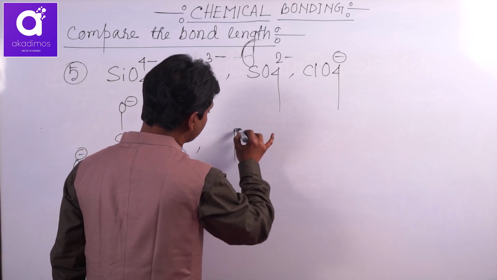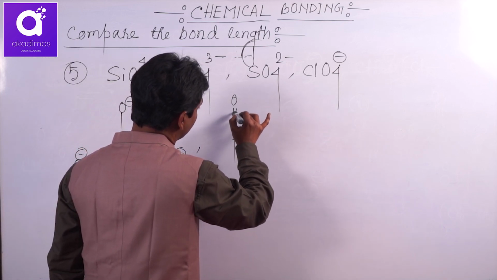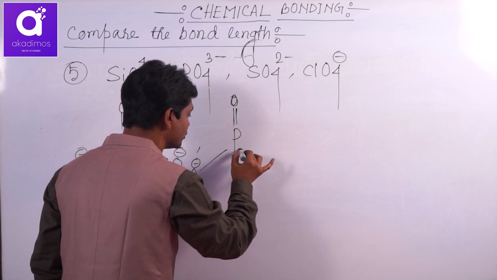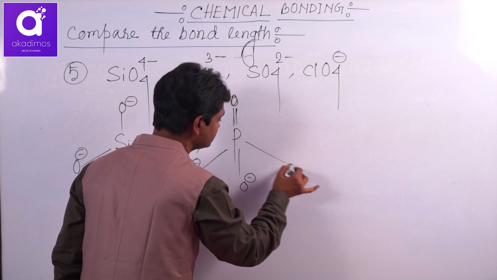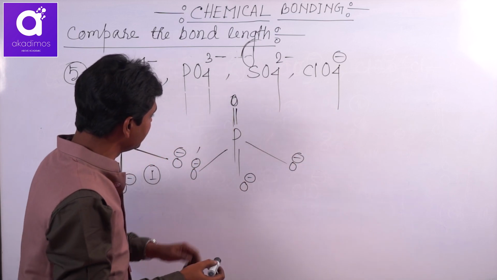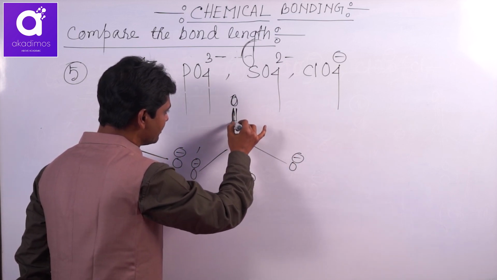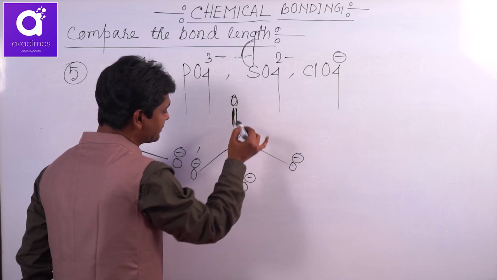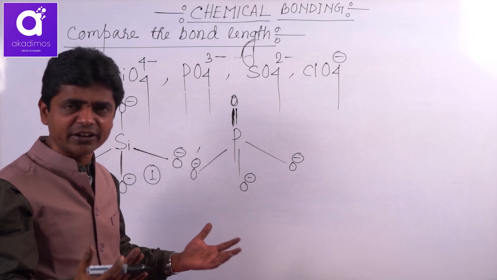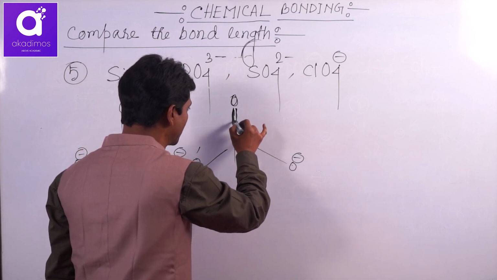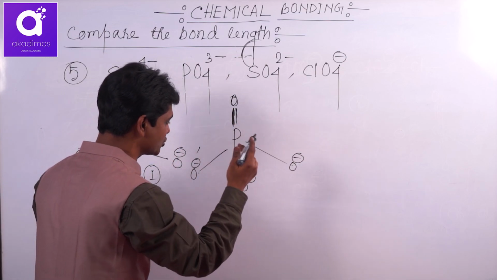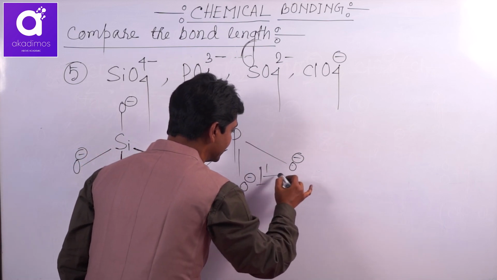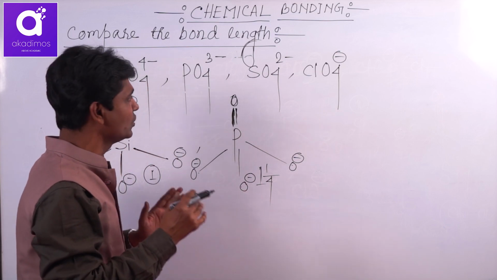Now draw the structure of phosphate: 1 double bond O and the other 3 single bond with O minus, equivalent to halogen, valency 1. Now see the bond order: this pi bond is equally distributed among the 4 oxygen atoms. That means here you will get 4 different canonical forms. If this pi bond is equally distributed among the 4 oxygen, then the bond order is 1 sigma fixed, and this pi gives 1 by 4.